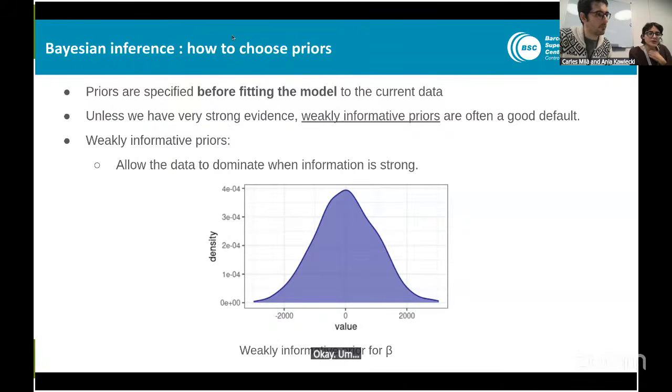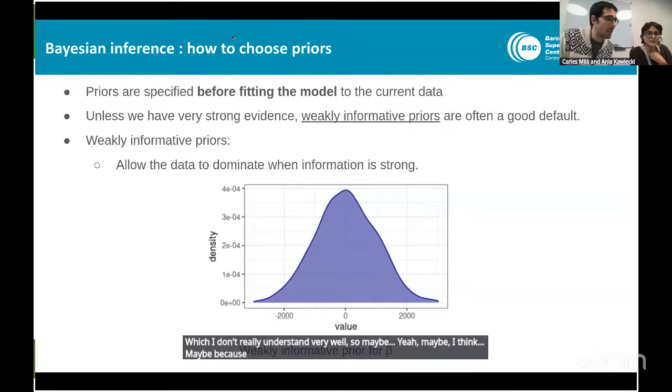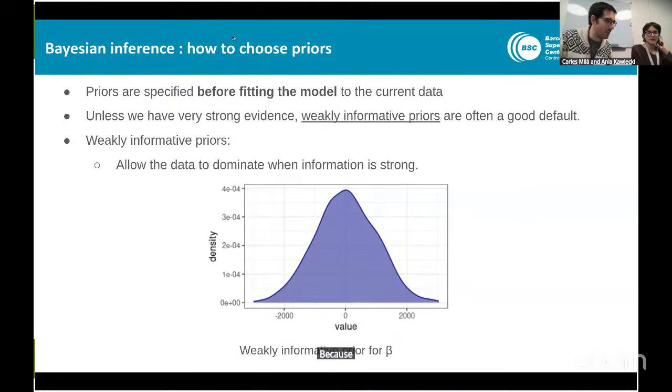Here's a question. Can you share a link to a reminder of the meaning of the statistical term significance, which I don't really understand very well? Maybe, since we're using Bayesian inference, the terms significance and p-values are ones we actually don't really use, because we have full probability distributions.